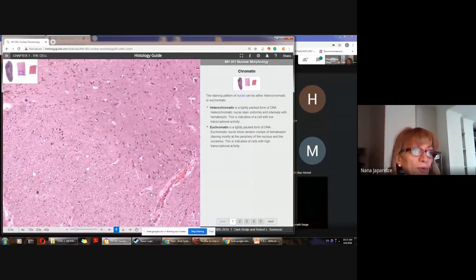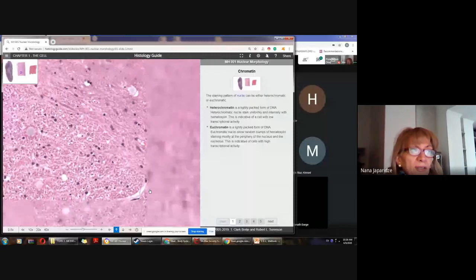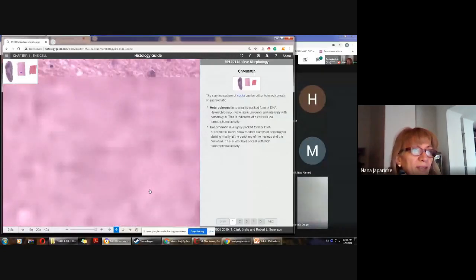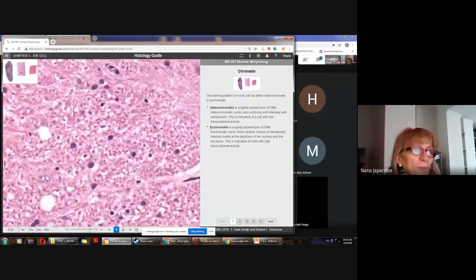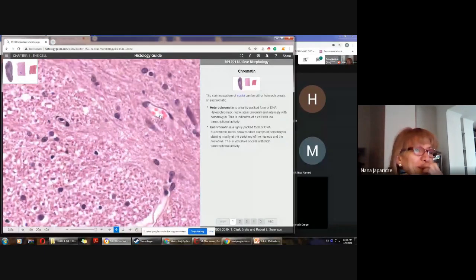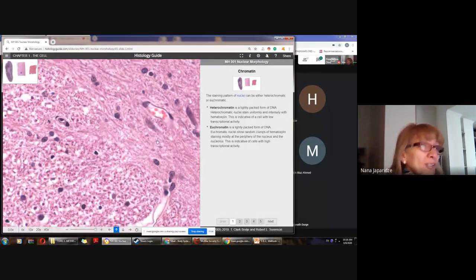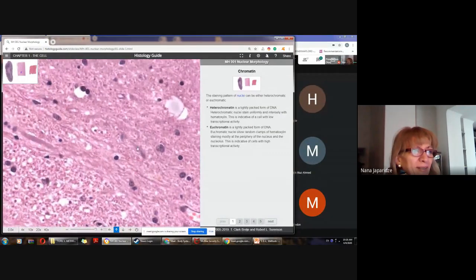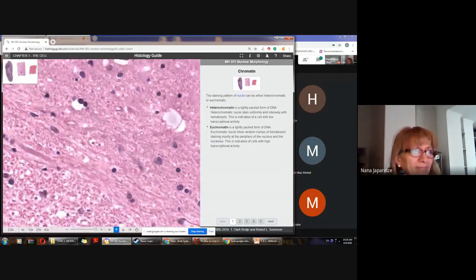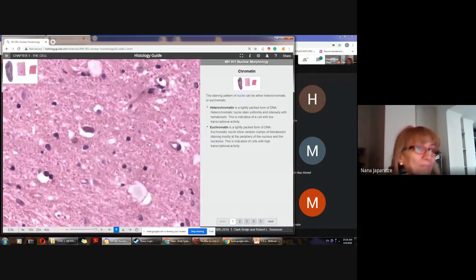I will show you neurons of different size. The most important, I think the most, not most important, but I think the most interesting part of the human body is, of course, the nervous system, especially brain.